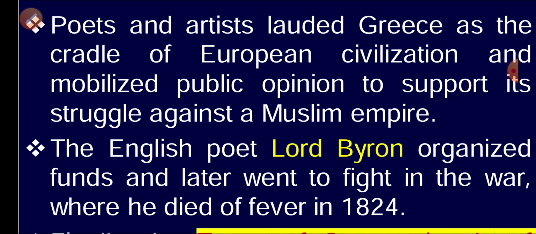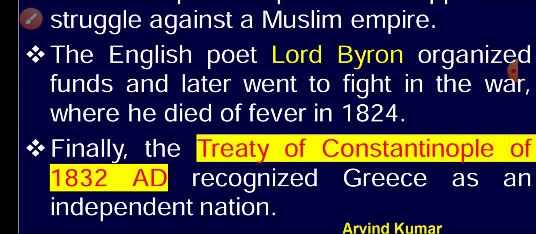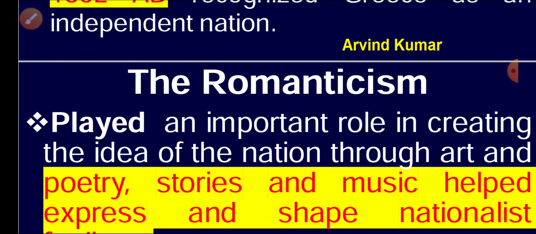This Greek War of Independence ended with one treaty in 1832, which is known as the Treaty of Constantinople, and by this treaty Greece was declared an independent nation. This was one of the major achievements of the people in Greece.